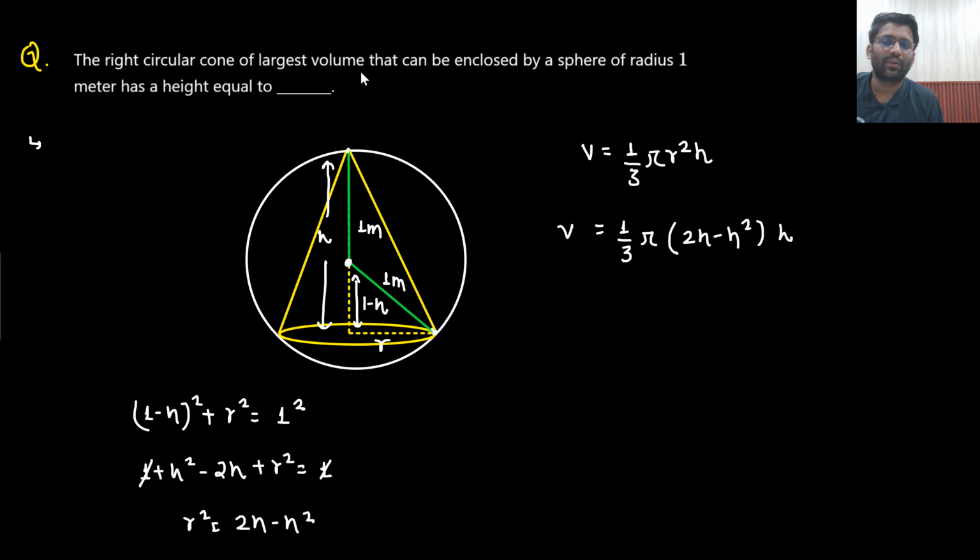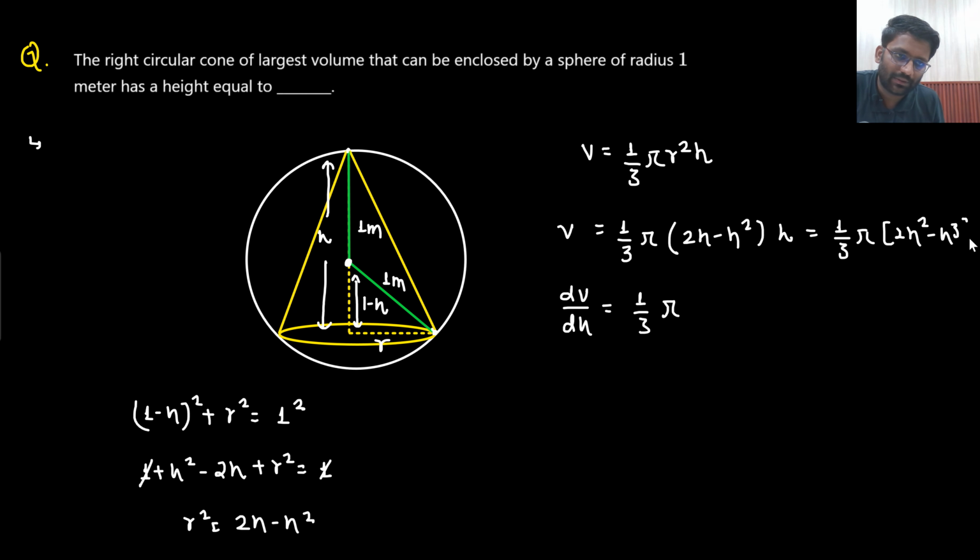The right circular cone of largest volume that can be enclosed by a sphere of radius 1 has a height equal to what? So dV by dh equals 0 we need to do. 1 by 3 pi, 2h square minus h cube, gives 1 by 3 pi, 4h minus 3h square.